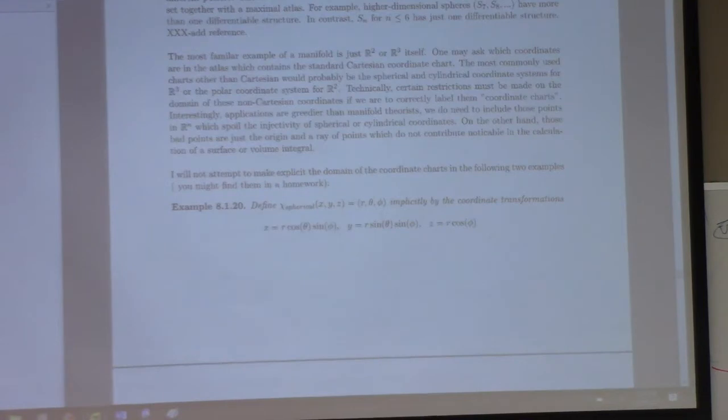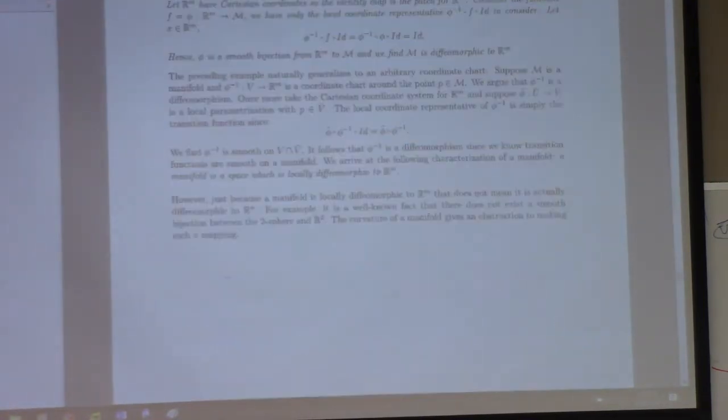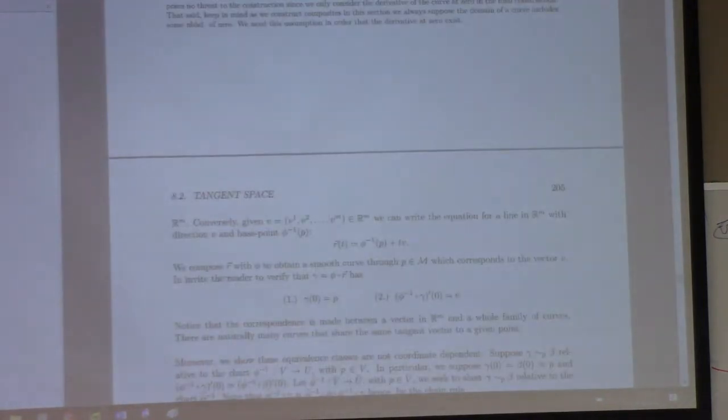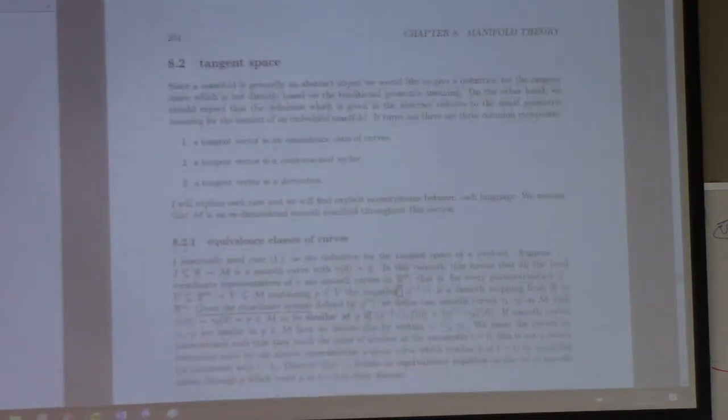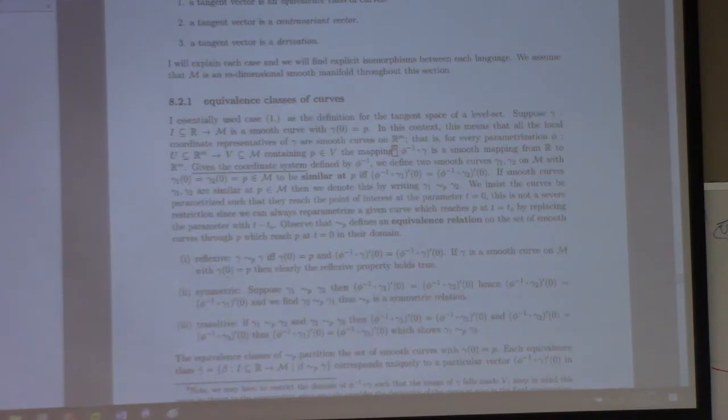Some of the same examples are here. My 2011 notes are where I have some discussion of the equivalence between equivalence classes of curves and derivations, which I'm torn about whether I should actually do in here. I think it will hurt Travis if we do it.